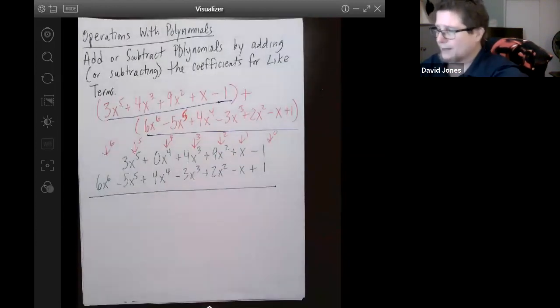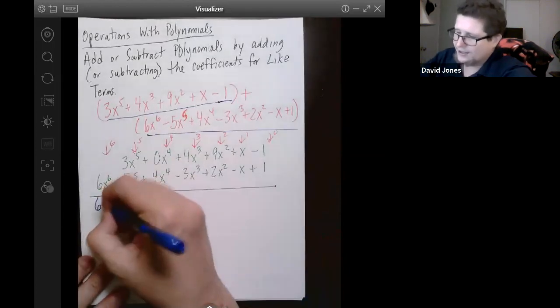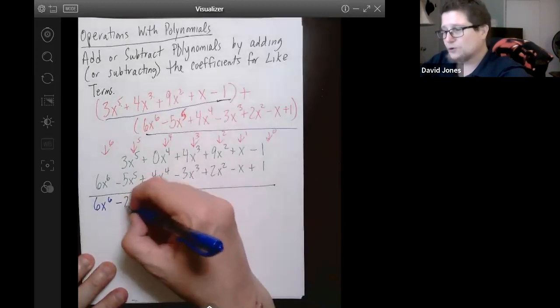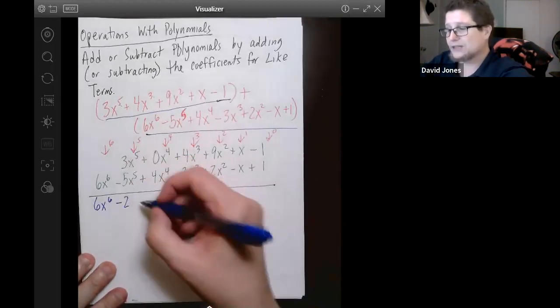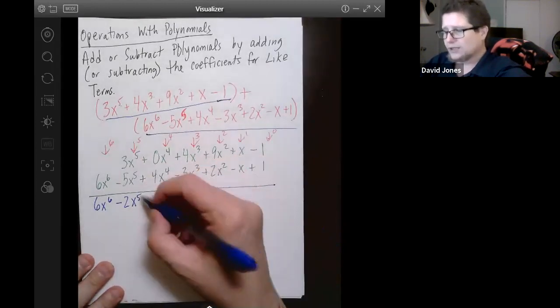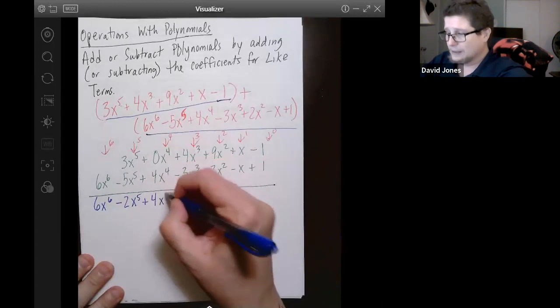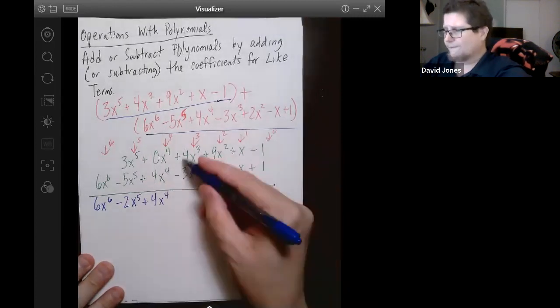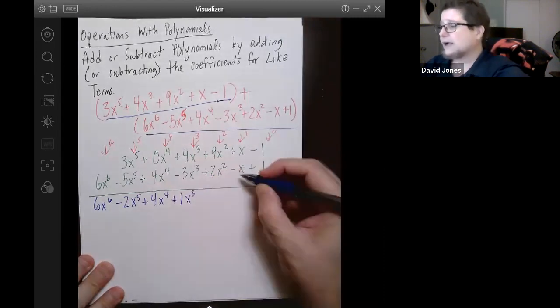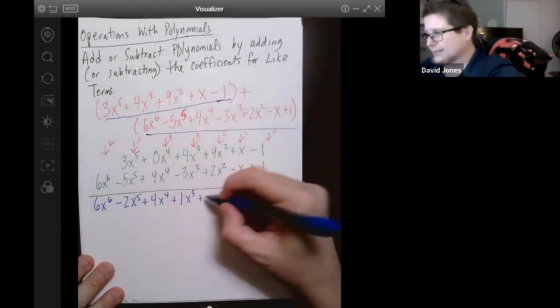I can just add them up. Nothing adds to the 6x to the 6th, so it stays the same. 3 minus 5 is negative 2. 0 plus 4 is 4. 4 minus 3 is 1. 9 plus 2 is 11.